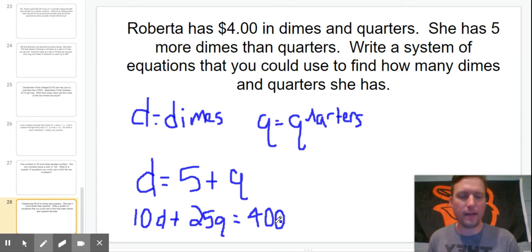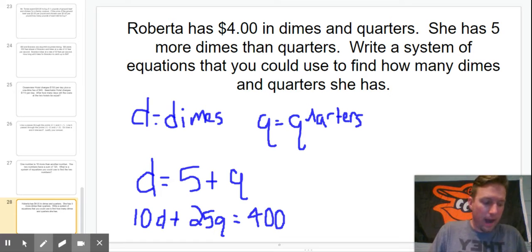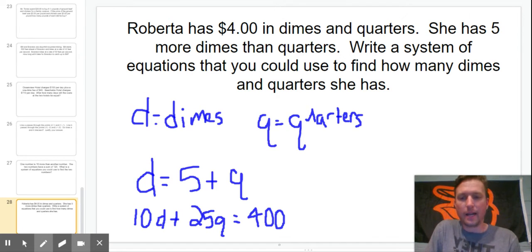Now, you might have noticed that I took out all of the decimals. Okay, I could leave them in there. I could do 0.10 or 10 hundredths. I could do 0.25 or 25 hundredths, and I could do 4 or 4.00. But if I take my decimals out, it's going to equal the same thing.